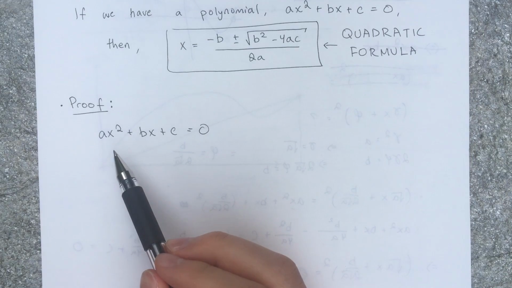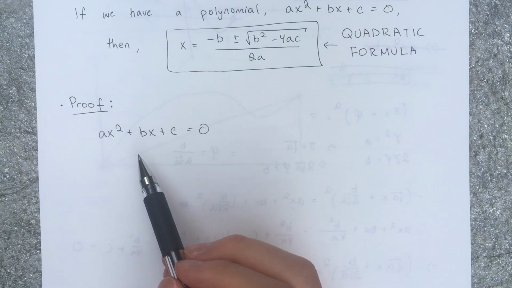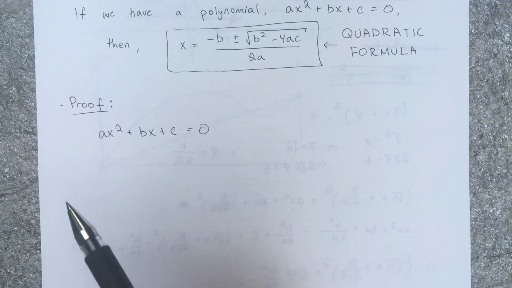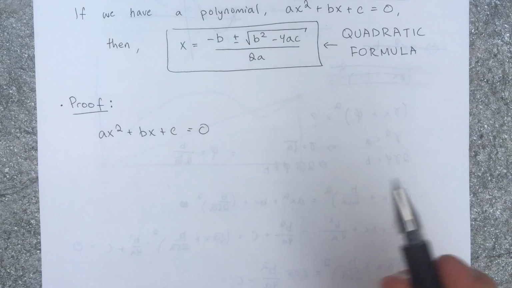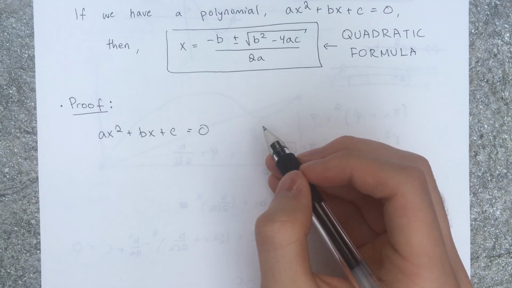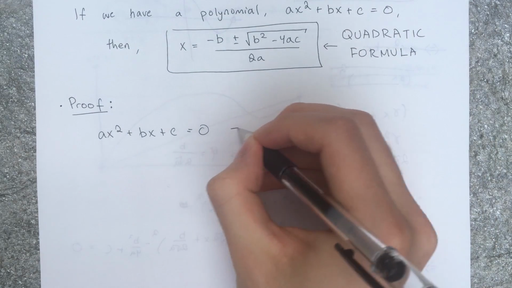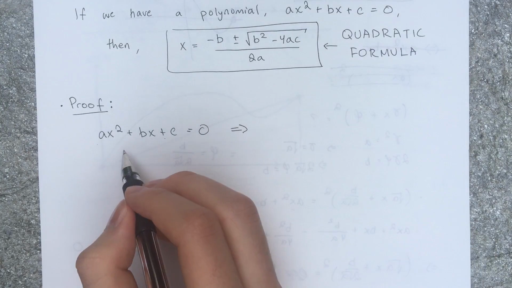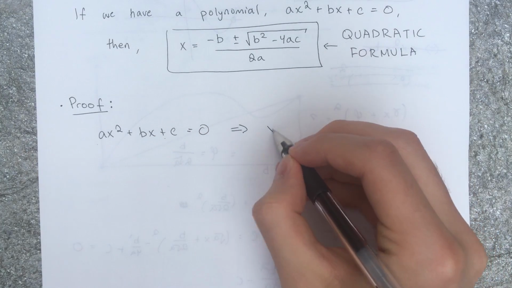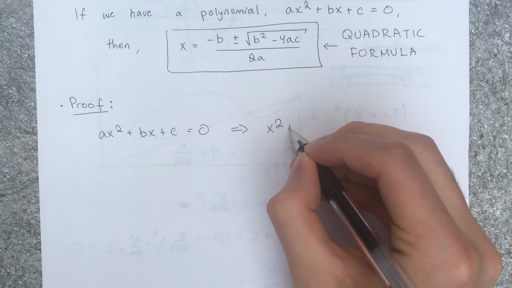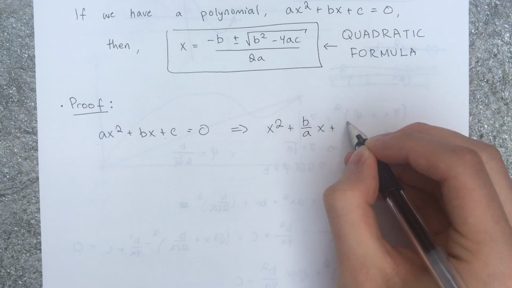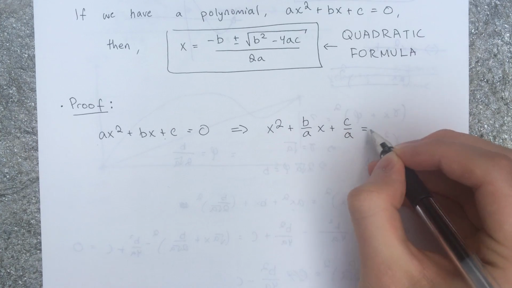And now that we have this, we want to sort of put this in an easier form to work with. This is an important step, but it's not necessarily necessary. But we'll just do it to make things a little bit easier. We'll take it and we'll divide both sides by a. So once we do that, we'll get x squared plus b over a x plus c over a equals 0.